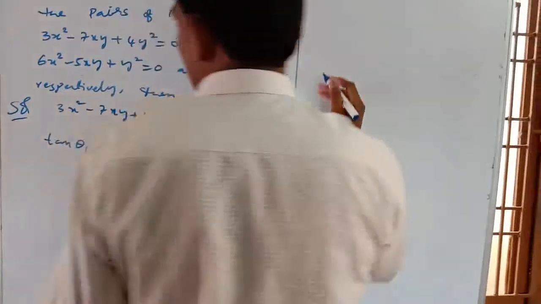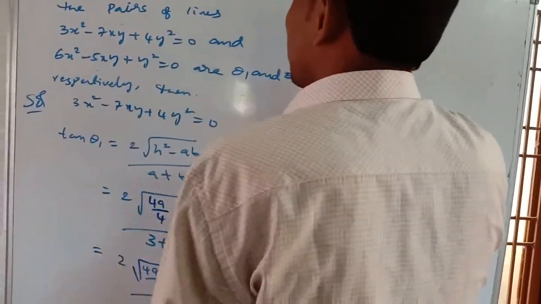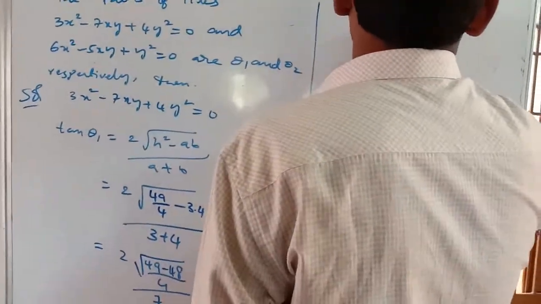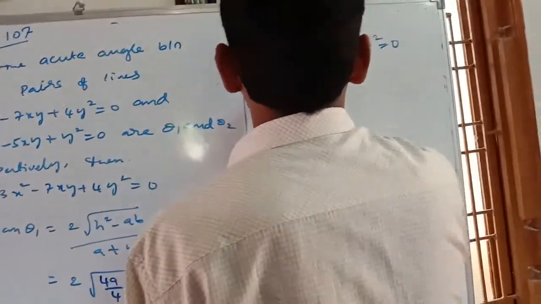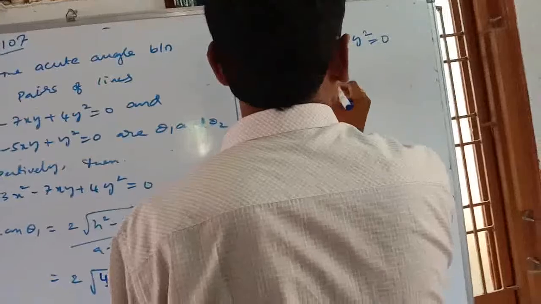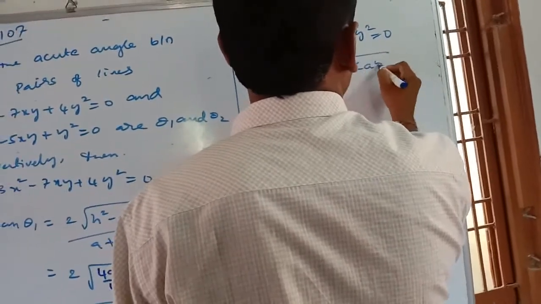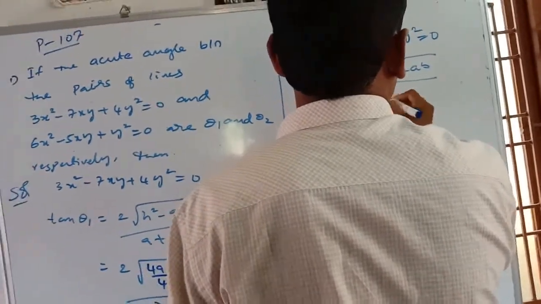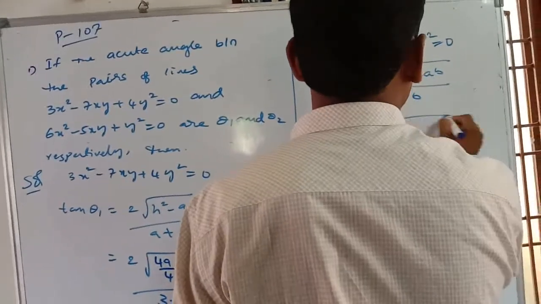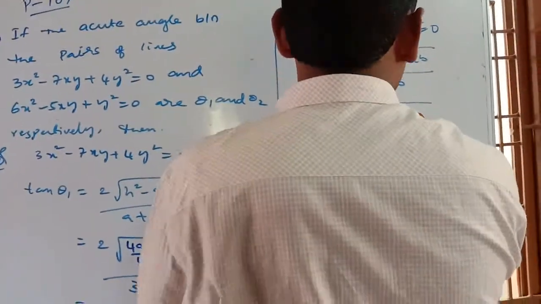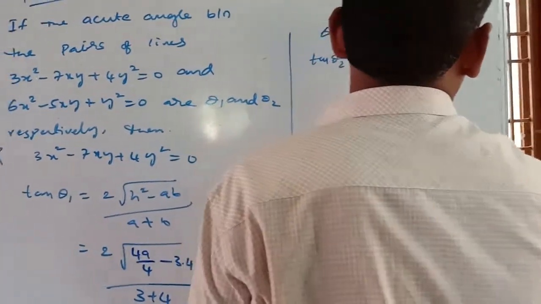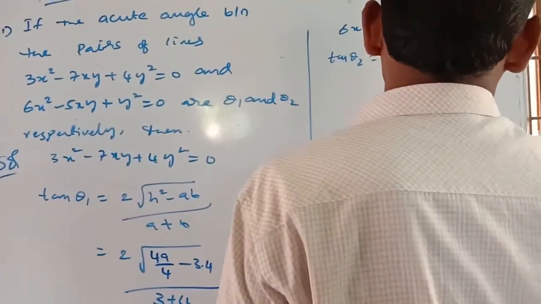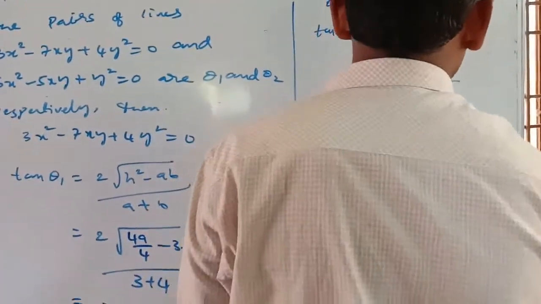The second pair of lines is 6x square minus 5xy plus y square is equal to 0, and tan theta 2 is equal to 2 into root of h square minus ab by a plus b. Here h is minus 5 by 2, so h square is 25 by 4, minus ab, that means 6 into 1, by a plus b, 6 plus 1 is 7.